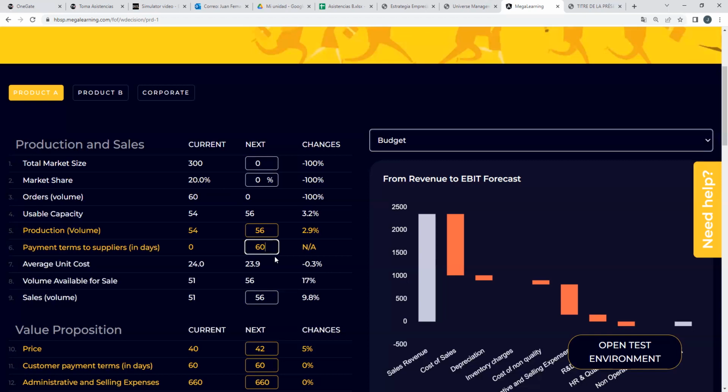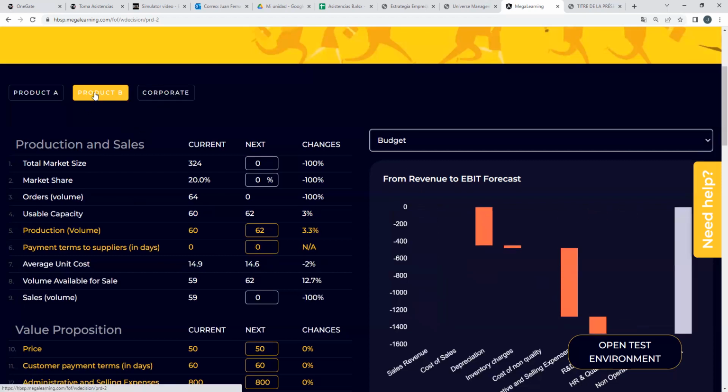Now, I would like to explain that paying the suppliers later is not the only way to look for resources. You can go to the bank if you don't have enough money for your investment plans. I'm not going to go into the detail of product B because it's going to be the same as for product A. What is going to be different is corporate.